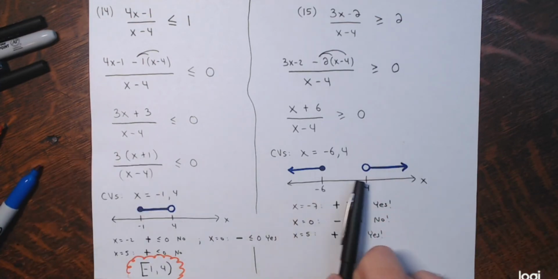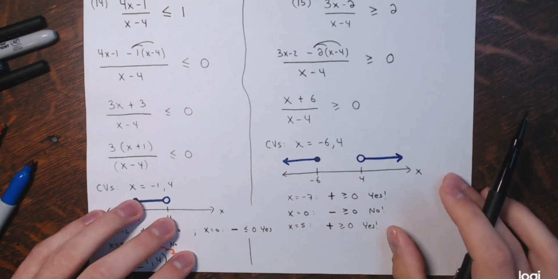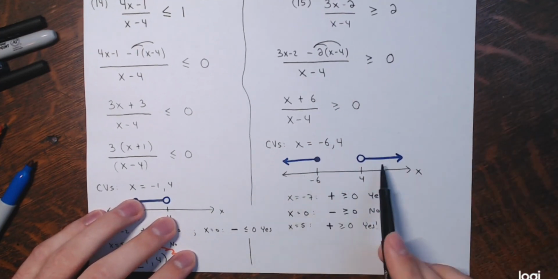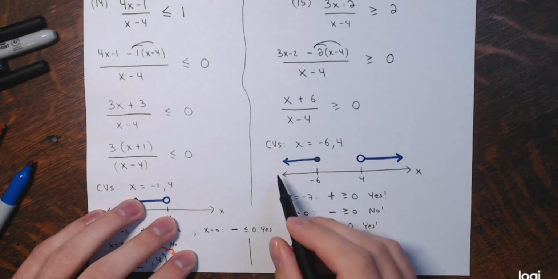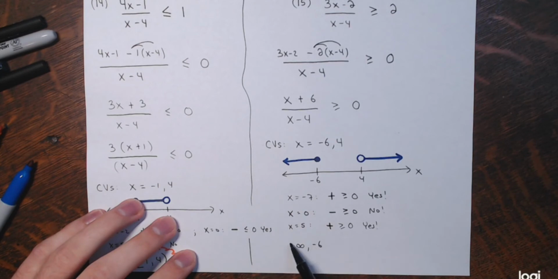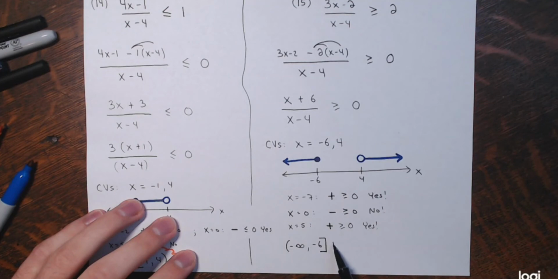So here's a graph of all the solutions of this inequality, all the numbers that would make it true. In interval notation, you've got this interval, which is from negative infinity to negative 6, always parentheses on the infinities, and a bracket on negative 6, because negative 6 is a solution. Then any gaps or holes in the graph we represent with the union symbol.